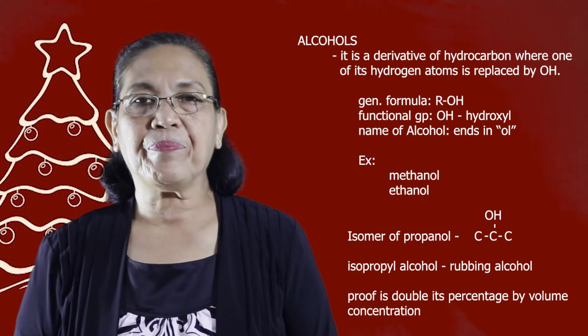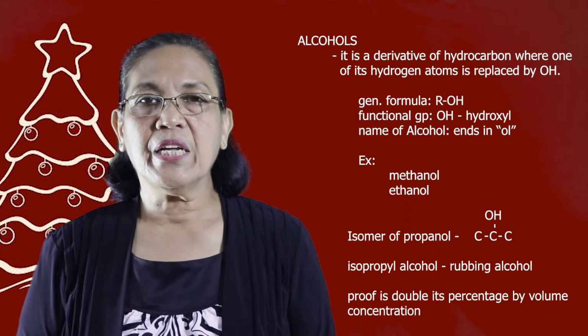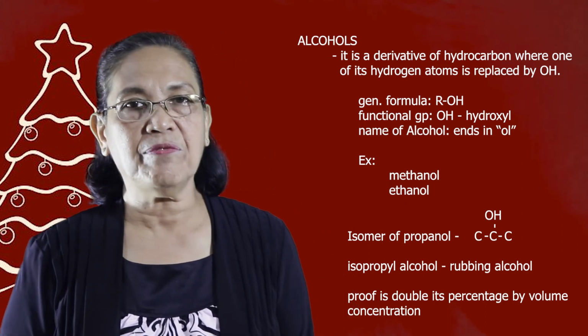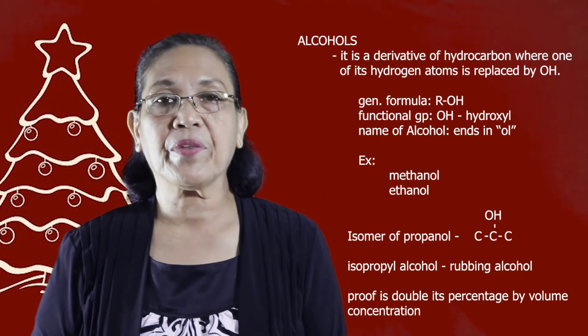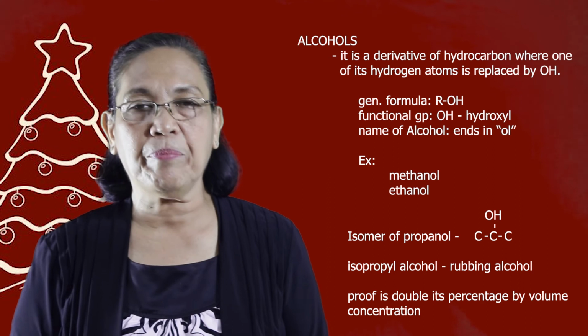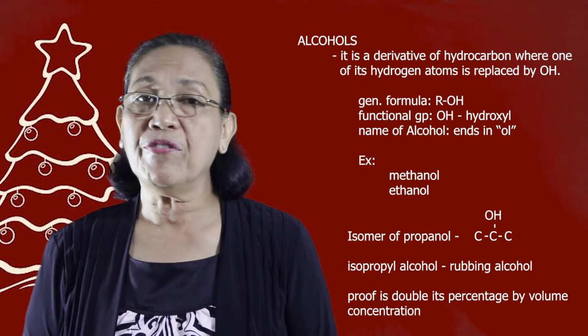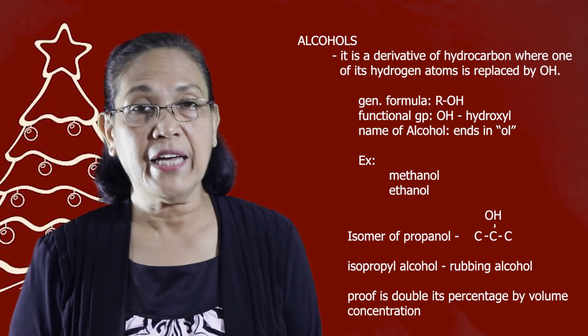For example, if the beverage is marked 80 proof, then that beverage has 40% alcohol. For example, the Tanduay rum is marked 80, so that Tanduay rum has 40% alcohol in it.